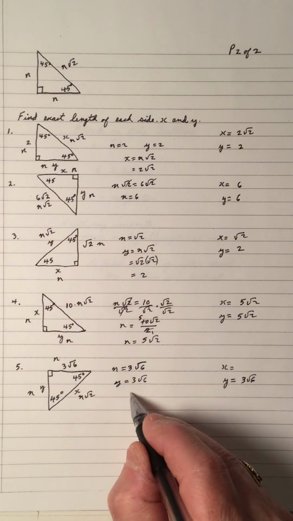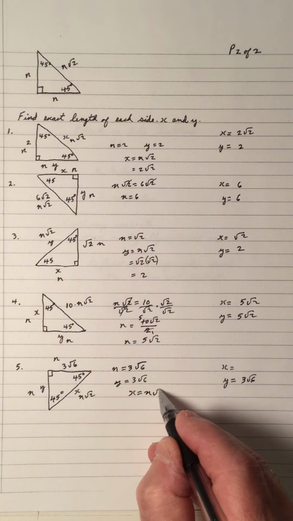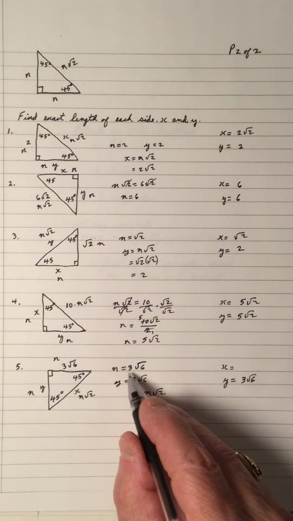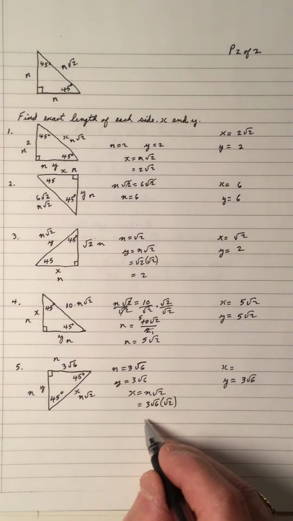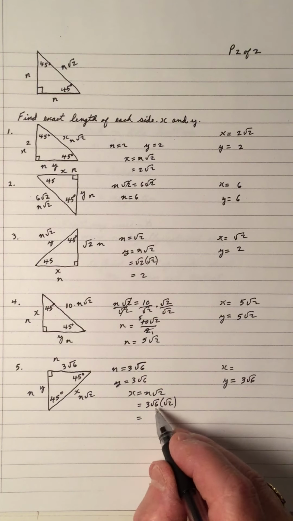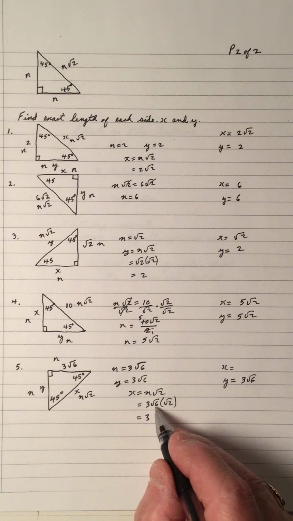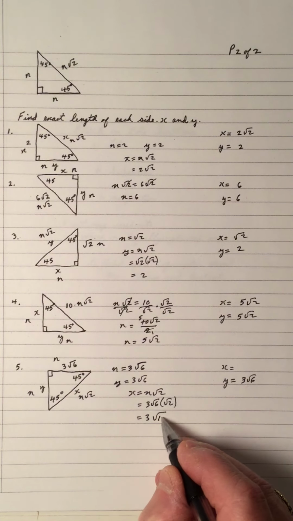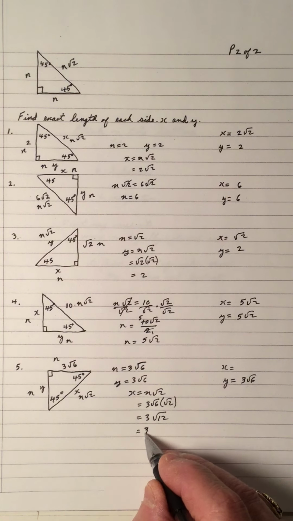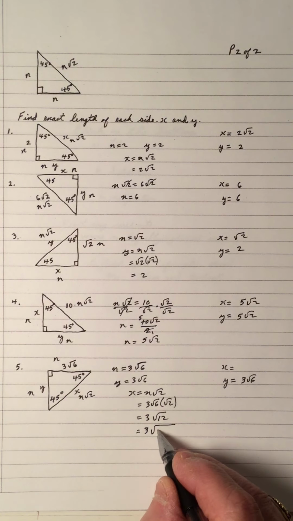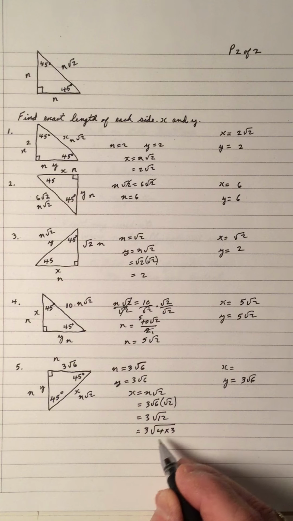And x is n root 2. So n is 3 root 6 times root 2. So we have to multiply. That's 3. Root 6 times root 2 is root 12. And if we want to keep simplifying, the root of 12 is root 4 times 3.